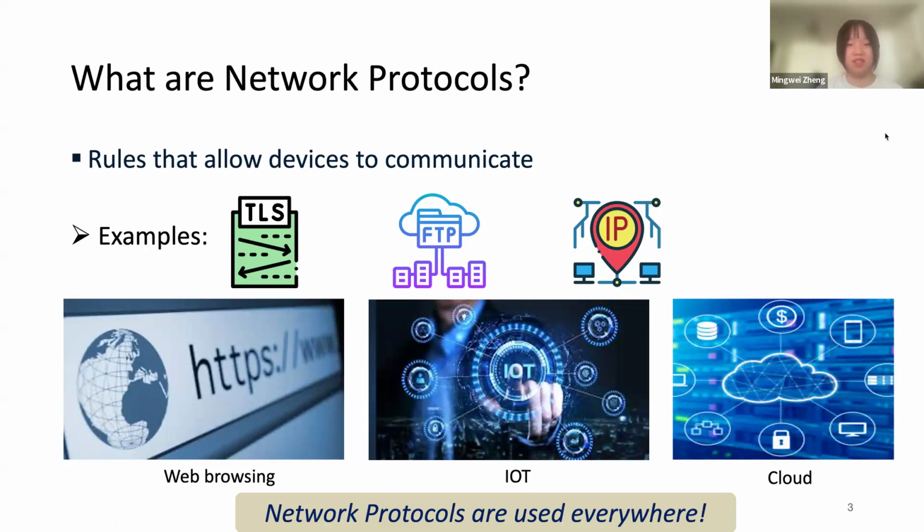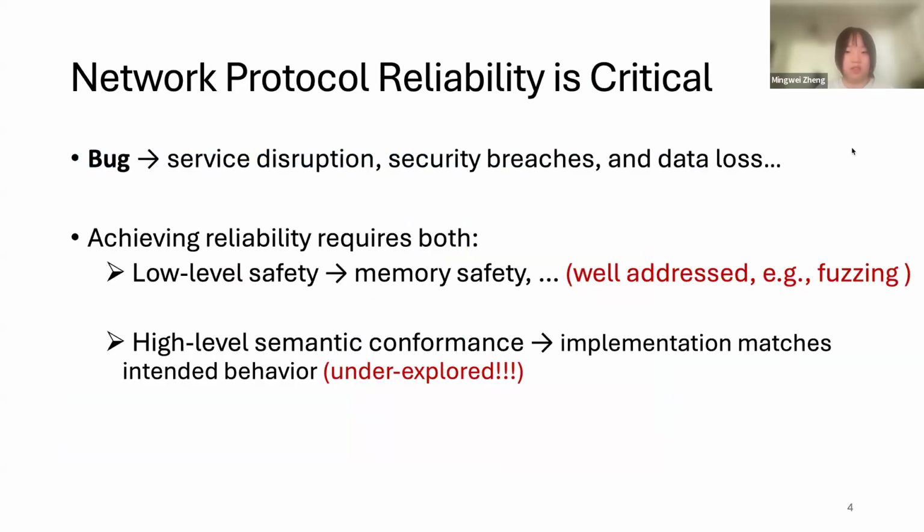Network protocols are just the rules that allow different devices to communicate. They play a very important role in everyday technology, from secure web browsing to IoT connectivity and cloud computing. Essentially, network protocols are used everywhere, so they are very important in our daily life.